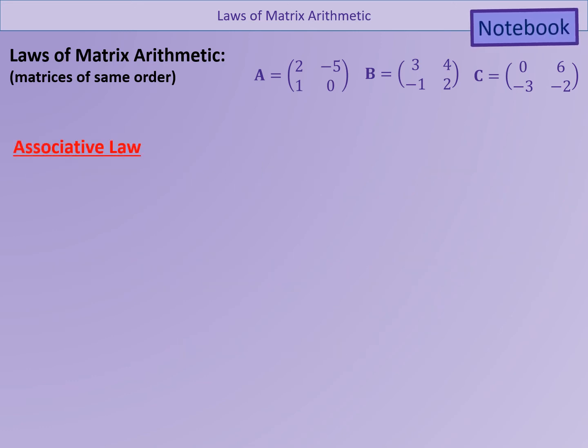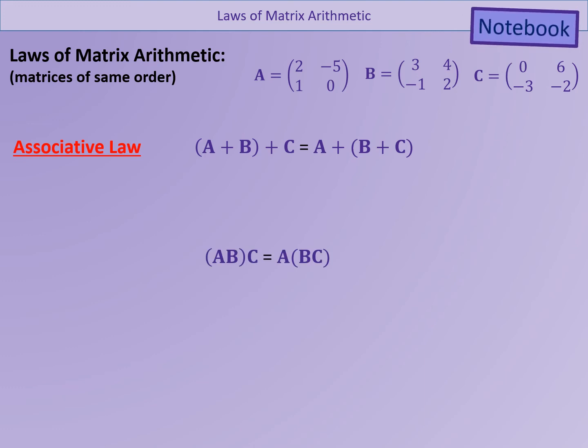Now let's take a look at the associative law. Here, if we are trying to add together matrices A, B and C, it doesn't matter how we group them. So we can add A and B together first and then add C, or we can add B and C together first and then add A. Now this is also true for multiplication.